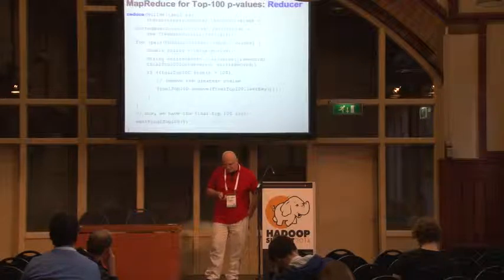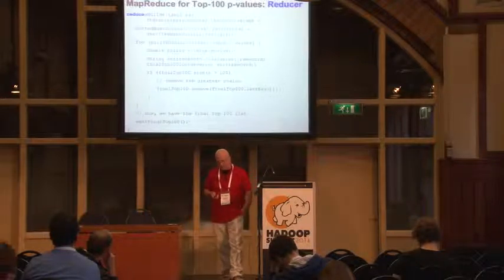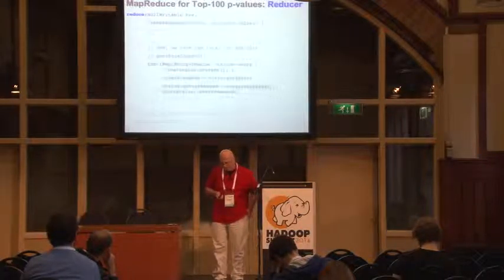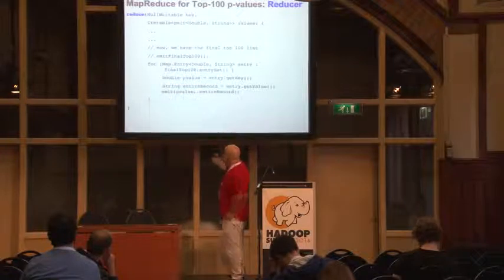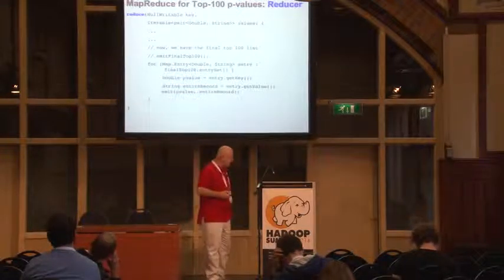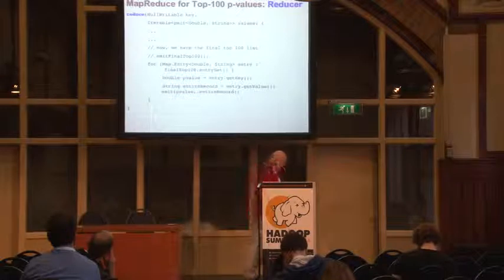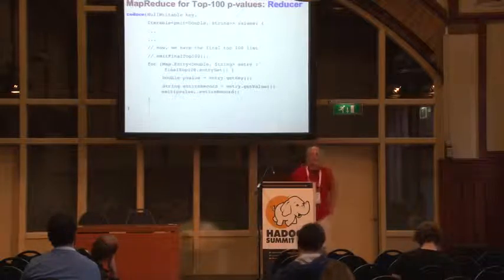And then the reducer, it's almost the same algorithm. And finally, in order to emit all of the values, we basically iterate over the TreeMap and then emit the ones which are top 100.